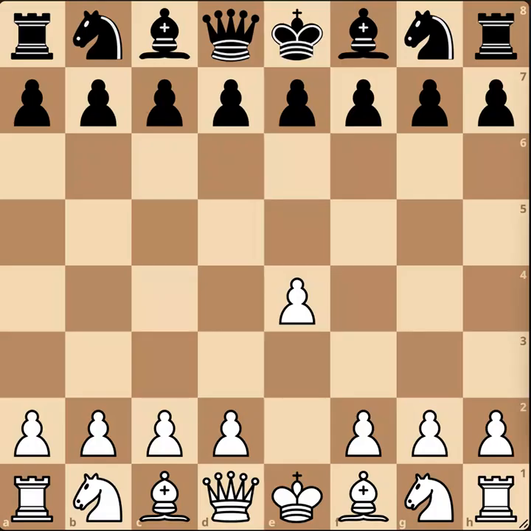Okay, so what openings are we really going to cover here? Once we make our choice, like with e4, let's say we want to play e4, now we've got to cover the main responses by Black. Of course, we have c5, we have e5, we've got e6, we've got c6, the Caro-Kann Defense.